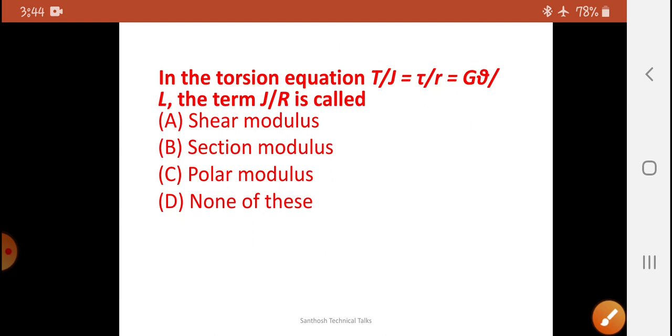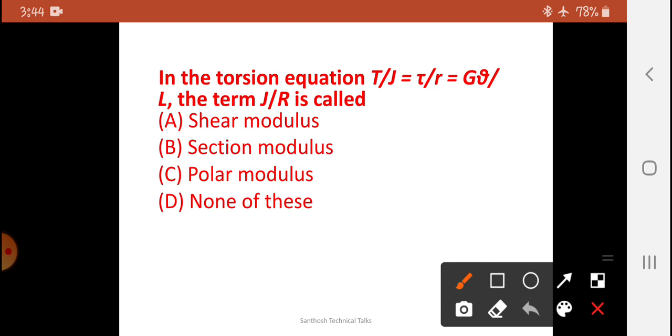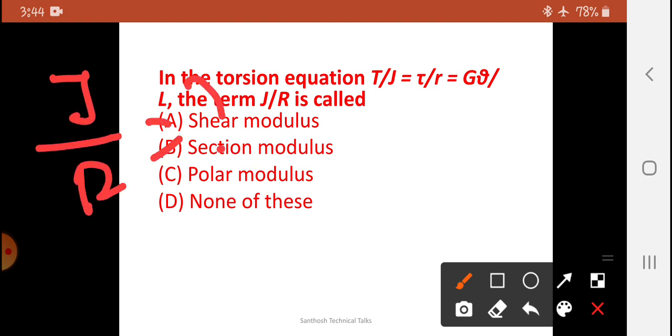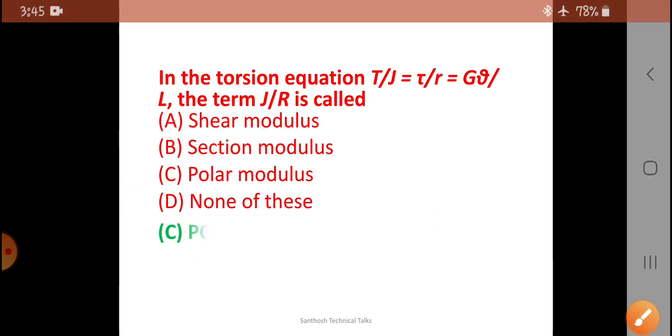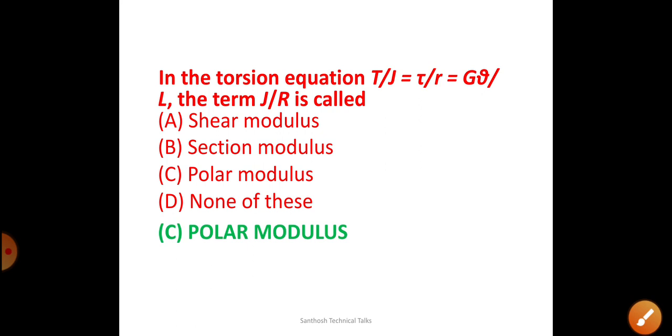So here in the torsion equation, what is J by R called? If I by Y is called section modulus, then J by R is called polar modulus, or polar section modulus. Please be clear about that.